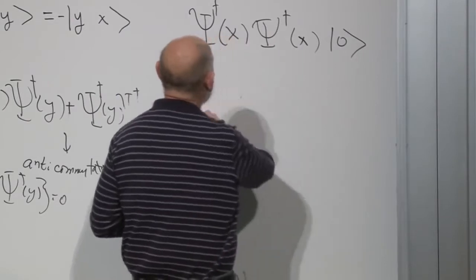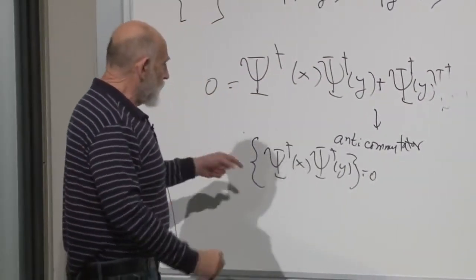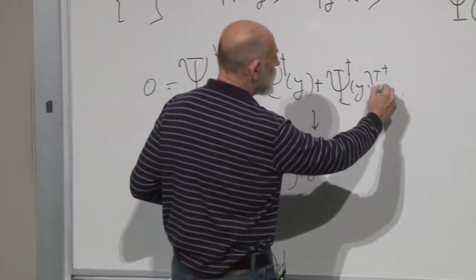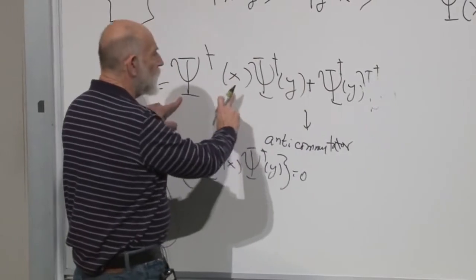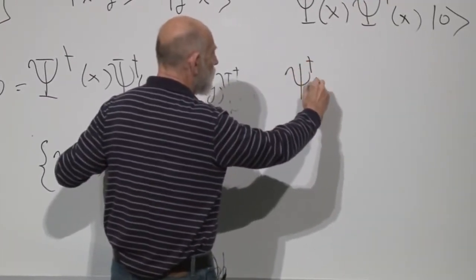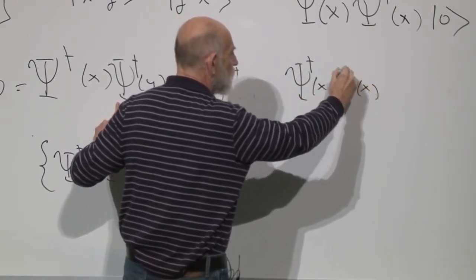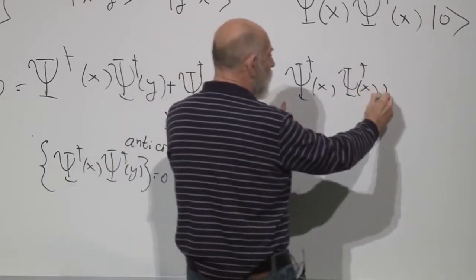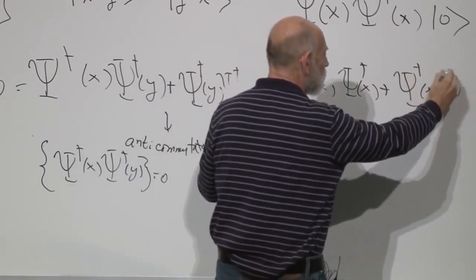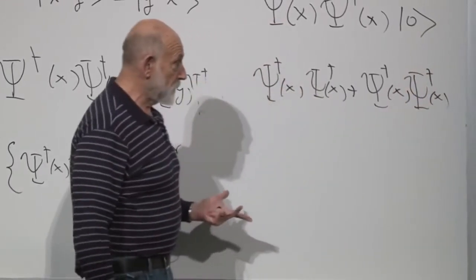That corresponds to acting with creation operators at the same point. But this equation over here tells us that psi dagger of x times psi dagger of x, plus psi dagger of x times psi dagger of x, that's the anticommutator of psi dagger x with itself.